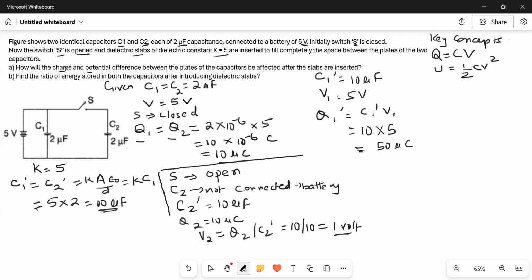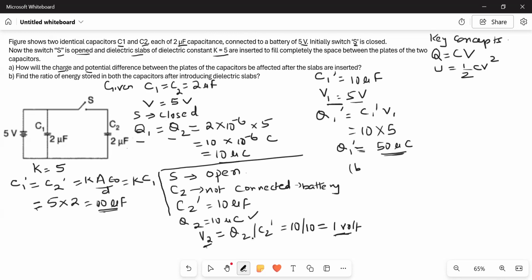So the charge in the first capacitor will increase to 50 microcoulomb, but charge in the second capacitor remains 10 microcoulomb. The potential in the first capacitor is still 5 volt, but the potential in the second capacitor is dropped to 1 volt. This is the answer to the first subpart.